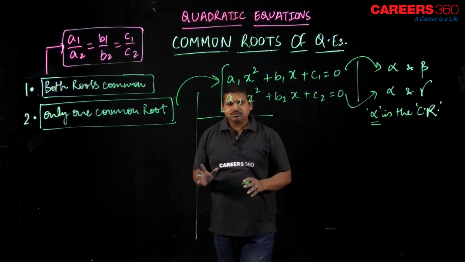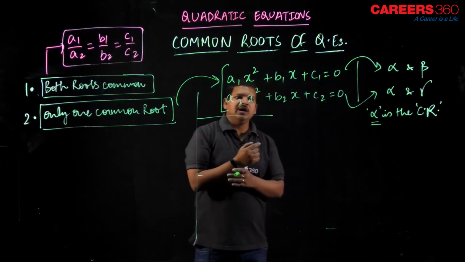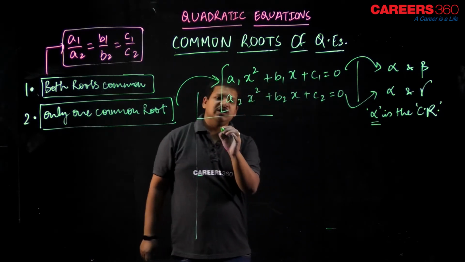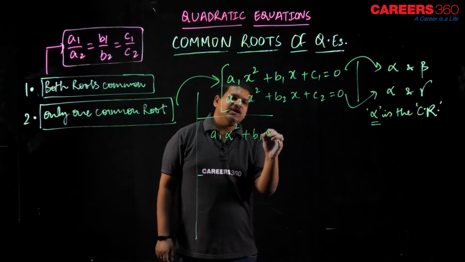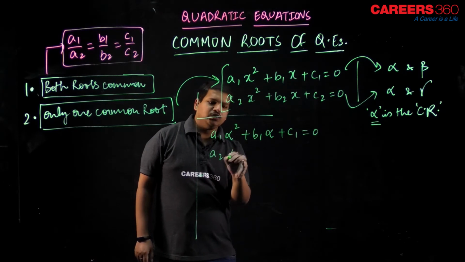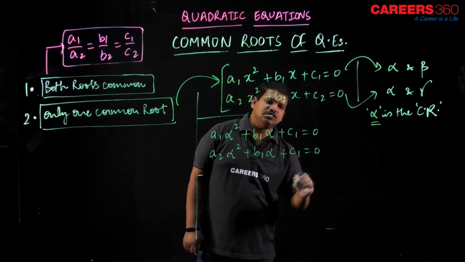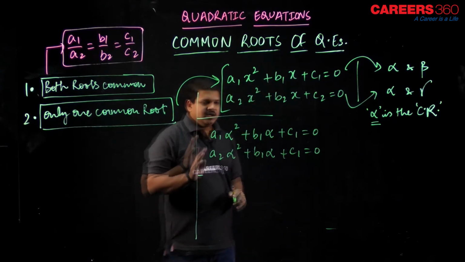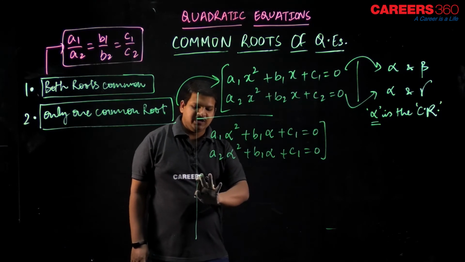Now, if alpha is the common root, then by putting alpha, what I am going to achieve is a1 alpha square plus b1 alpha plus c1 is equals to 0, and a2 alpha square plus b2 alpha plus c2 is equals to 0, right?